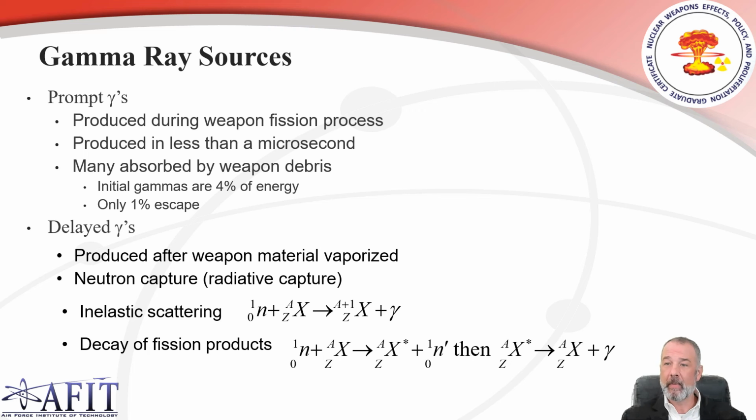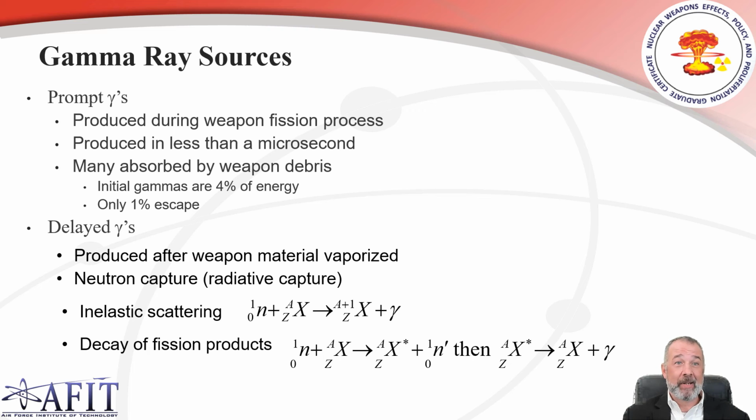We can also have inelastic scattering. Inelastic scattering is kind of related to radiative capture, where in radiative capture, a neutron comes in, gets slurped up, and then we see a gamma ray go out, and that's it. And then further down the line, it may be radioactive. We may see a subsequent decay. That's later.